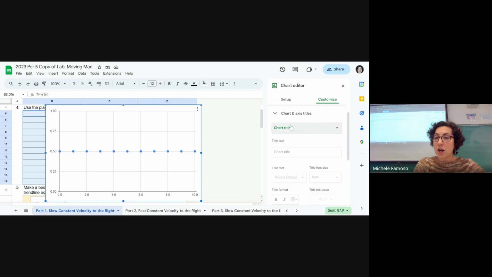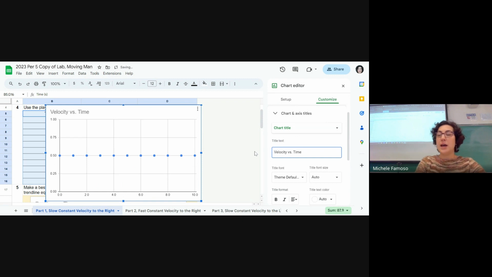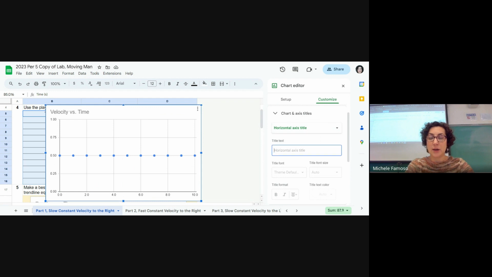Let's start with our chart title. This is a graph of velocity versus time. So go ahead and type that, add that to your graph. Everybody good? All right, now click that down arrow. Let's go to the horizontal axis title. This should be time in seconds.